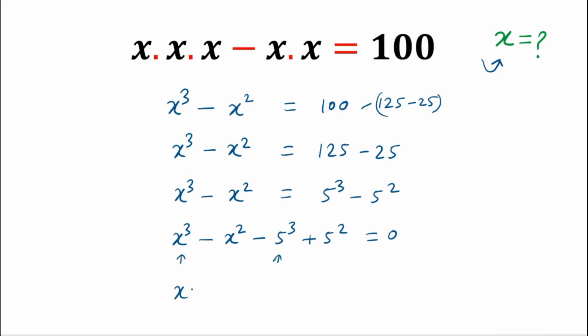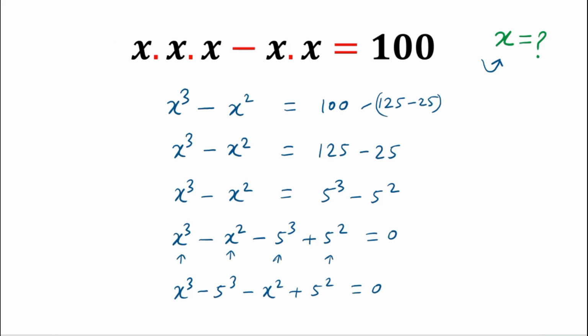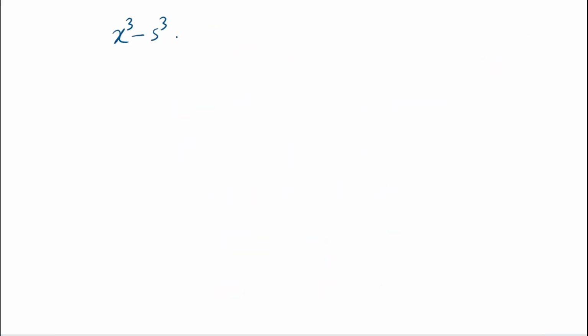So first we write x power 3 and then 5 power 3, and here minus x square plus 5 power 2. We have x power 3 minus 5 power 3, and minus x power 2 plus 5 power 2, and this is equal to 0.